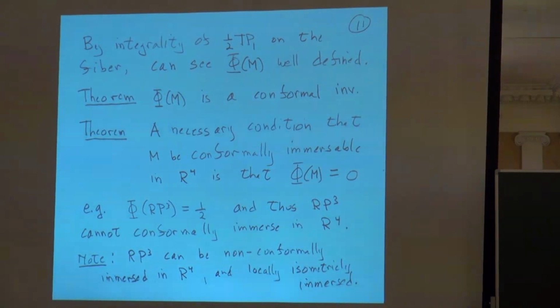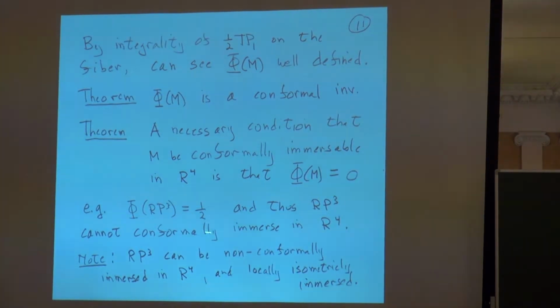And it turns out, here's a funny thing. It turns out that a necessary condition that a manifold be conformally immersible in R4 is that this invariant is 0. Remember, it's a mod Z invariant, but that it's 0. So that's a nice result, because if you look, for example, at the three-dimensional real projective space RP3, phi of it is a half.